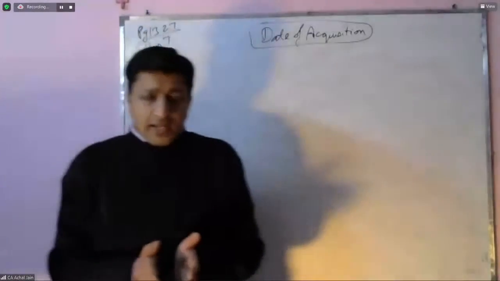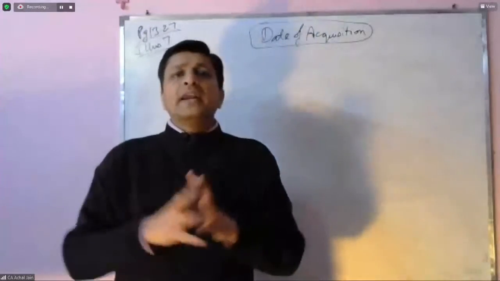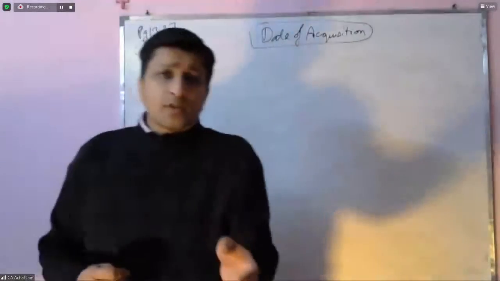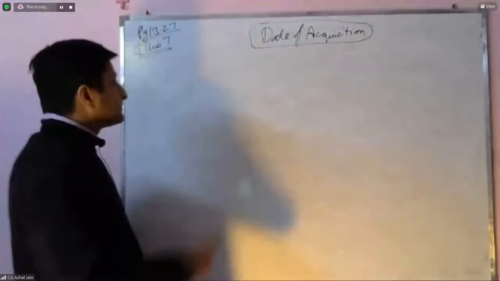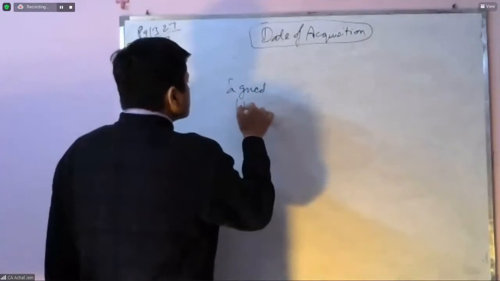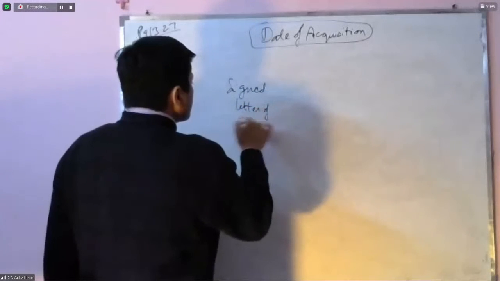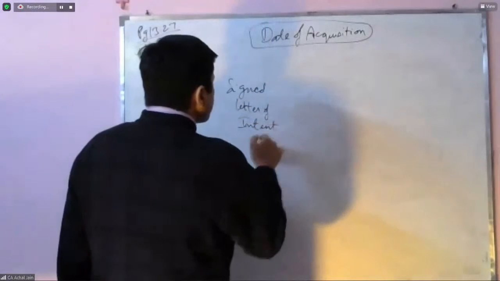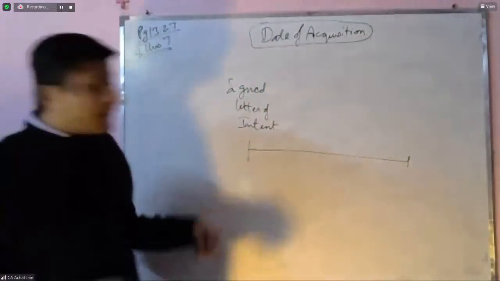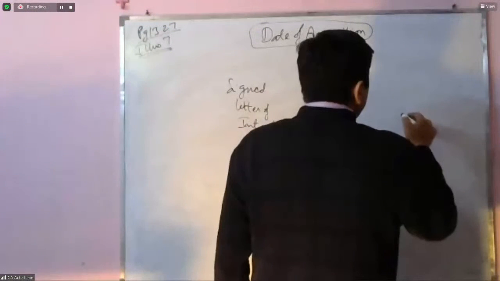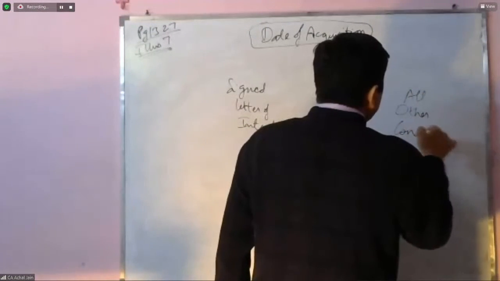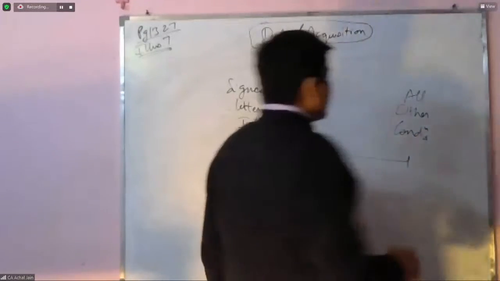So that means today a signed letter of intent is there, but all other conditions will be fulfilled after 2 months. So the question is, do we say that the date of acquisition will be the date of this signed letter of intent or the other date when all other conditions are fulfilled?